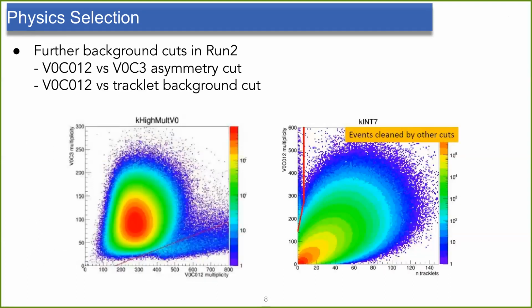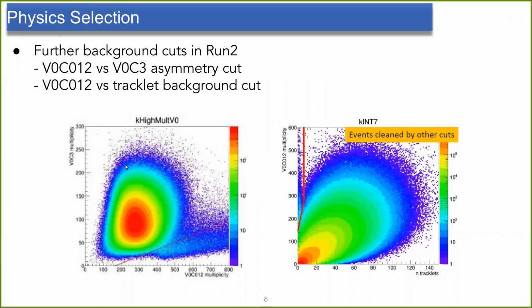Now, as I mentioned, in the run 2 analysis we have implemented further rejection to reduce this background, by using the correlation between different layers of V0C. In the V0C we have four rings: 0, 1, 2 and 3.